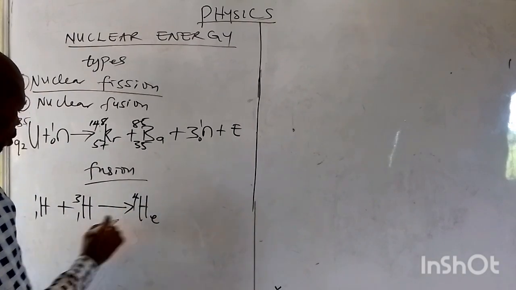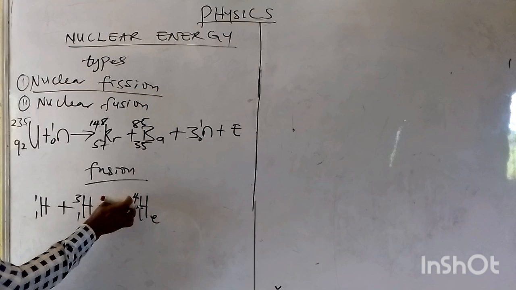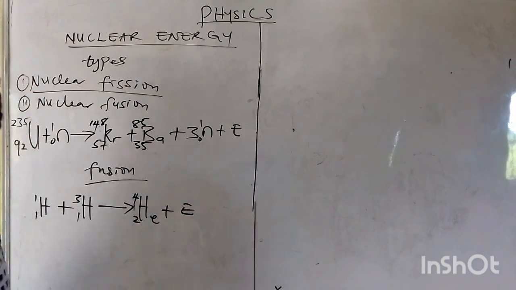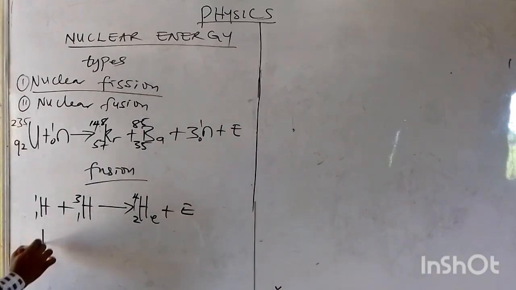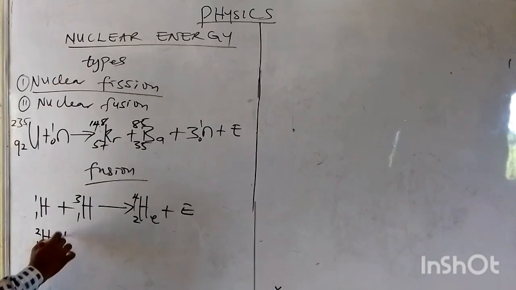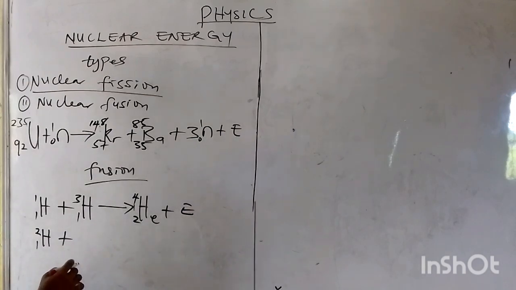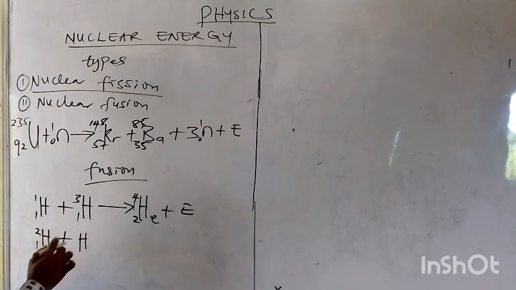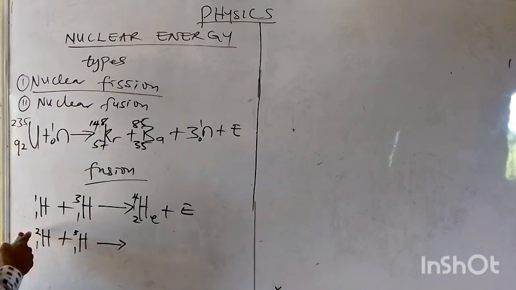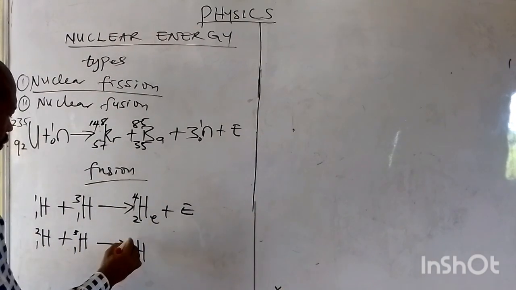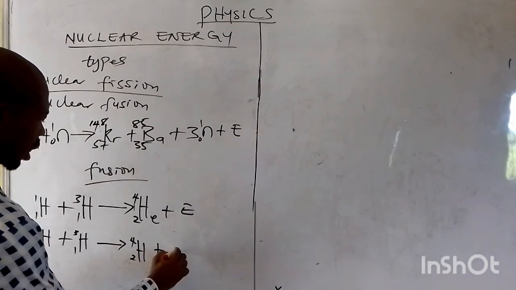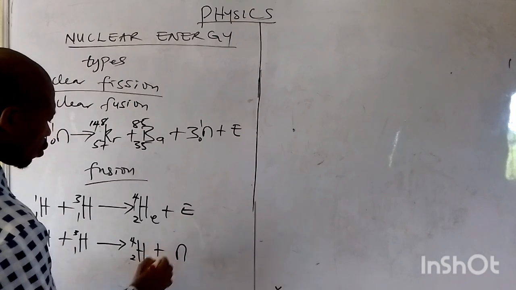It can give us helium. Of course, this plus this is 4, which is 4 here. This and this will give us 2, plus energy produced. We can also have a process whereby deuterium combines with tritium to give us, and of course this plus this is 5, and if we have 5 here, we'll have 2 here, plus 1 neutron.